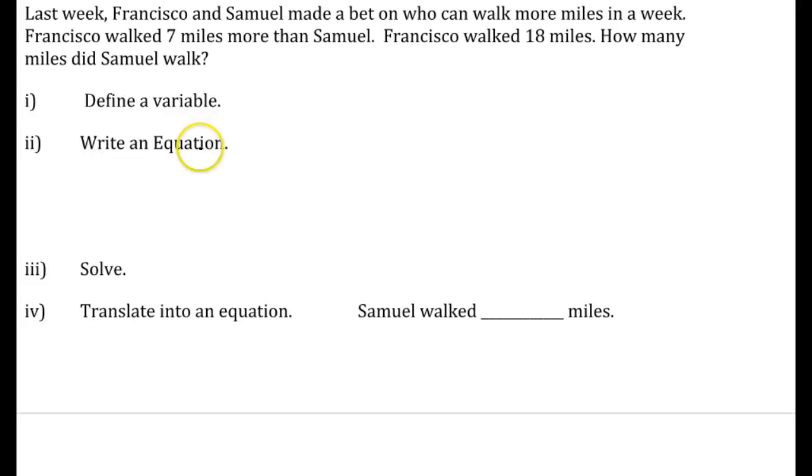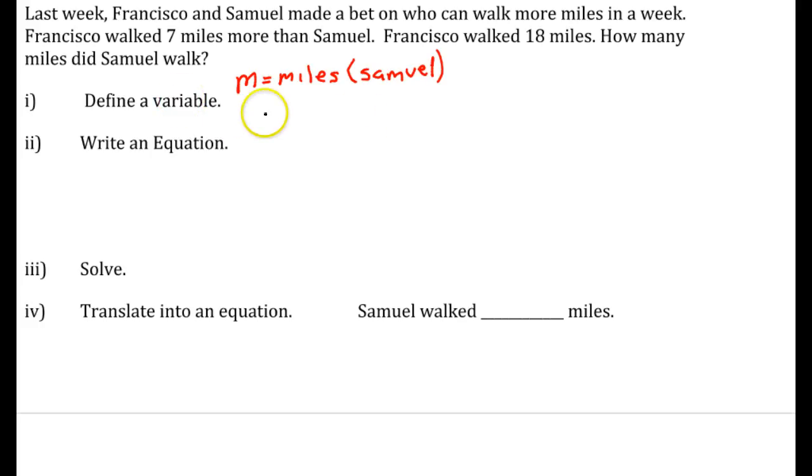So, what variable do we want to use? M for miles? Okay. So let's be very careful. I'm going to put M, and that's going to be miles. In parentheses, I'm going to make sure I put Samuel, because they're both walking, right? But when we're doing this, it's all about Samuel.